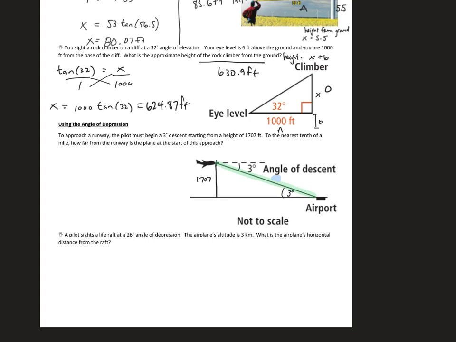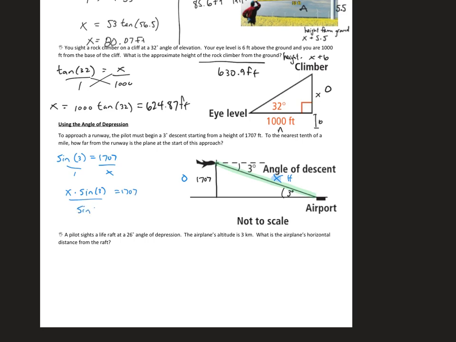So if that is going to be the x right here, I'm going to say that that is sine, because this is opposite and hypotenuse. So the sine of 3 degrees is equal to 1,707 over x. So we cross multiply. x times the sine of 3 is equal to 1,707.